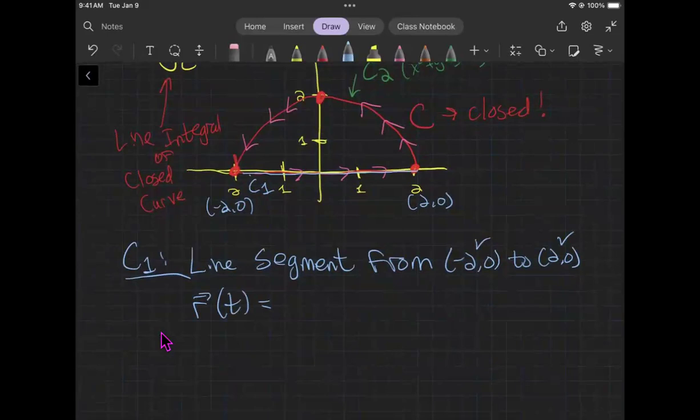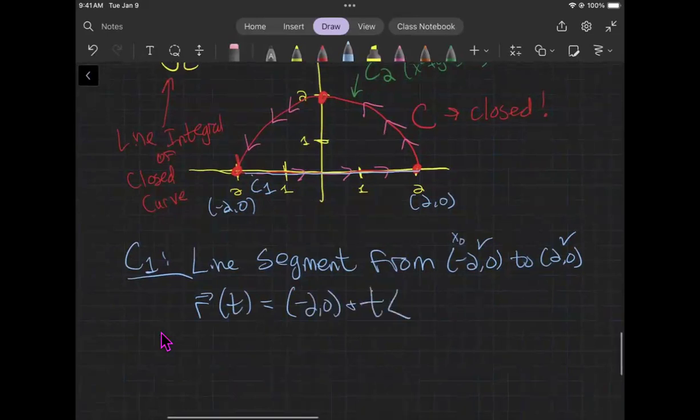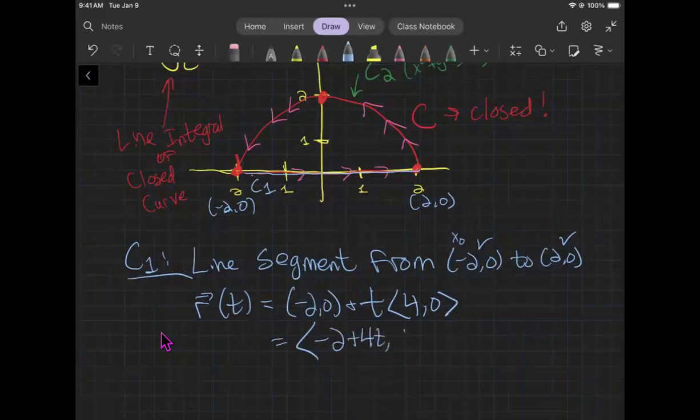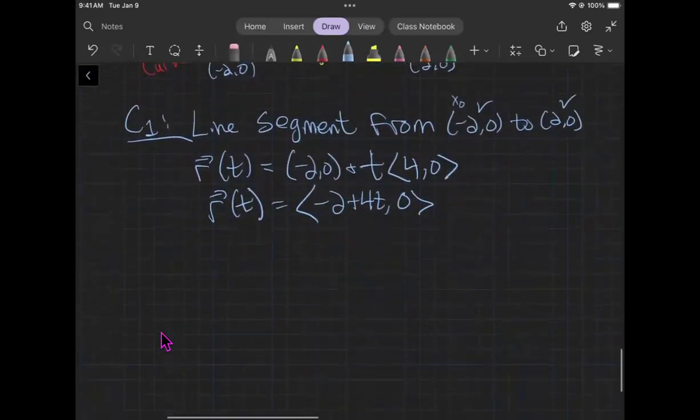So in this case, R of t would be the starting point of the line segment, minus 2, 0, plus t times 4, 0. In terms of a vector, we'll have minus 2 plus 4t and 0. So R of t is that, and t is between 0 and 1.